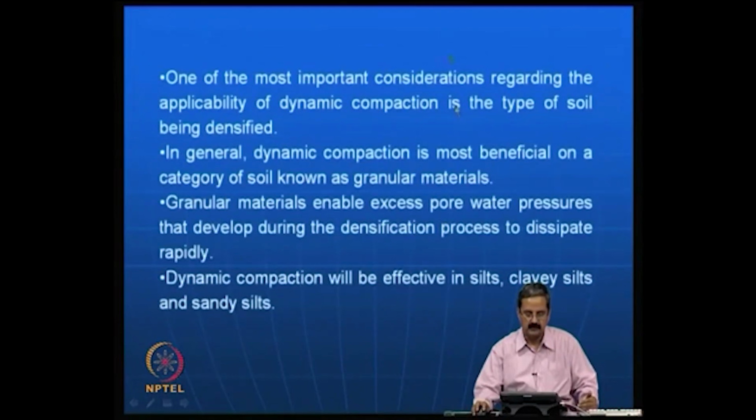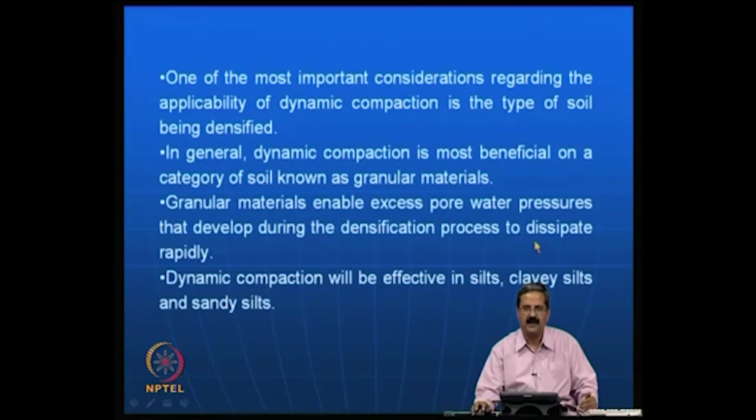One of the most important considerations regarding the applicability of dynamic compaction is the type of soil being densified. As I just mentioned, it is very good for granular materials, because excess pore pressures that develop during densification dissipate rapidly.